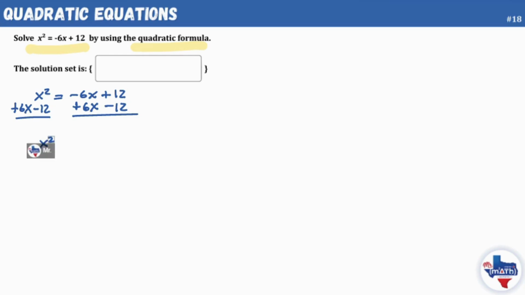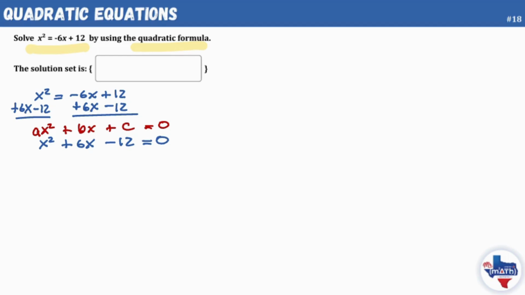Okay, my equation will be x² plus 6x minus 12 equals 0. Okay, as we mentioned before, we want to write the standard form of the quadratic equation on top. ax² plus bx plus c equals 0.